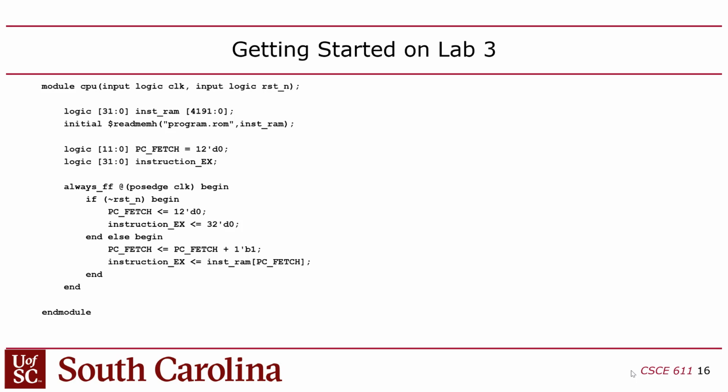Now, when the program counter hits the value of 4095, in the next cycle, it'll roll back to 0, right? And we're going to take advantage of that because in this program, the program we write is going to have to continuously run over and over again, but we're not implementing branch instructions yet.